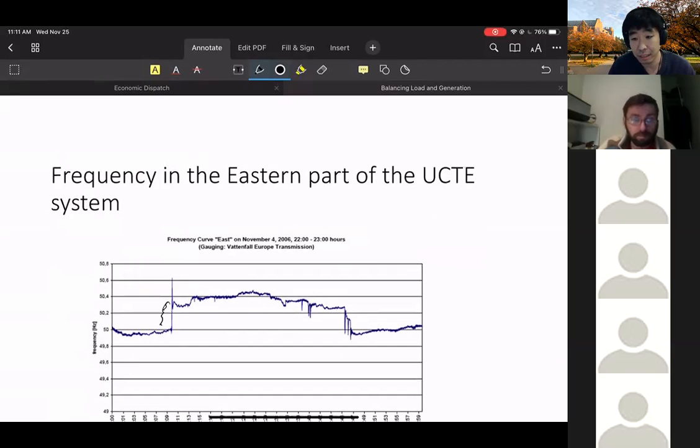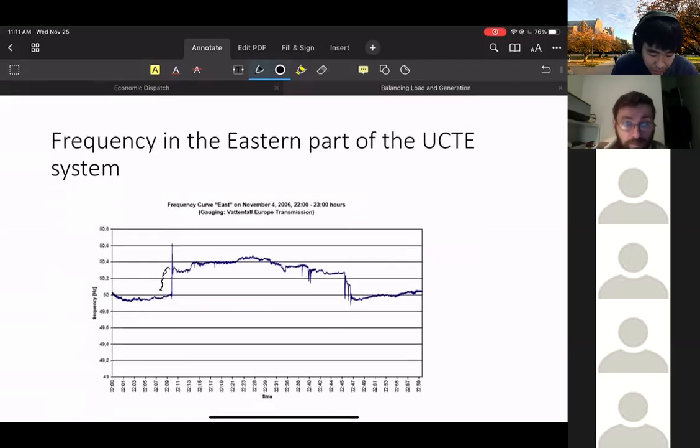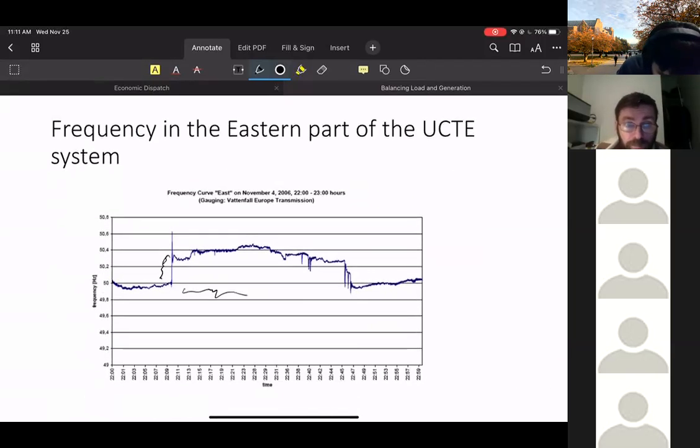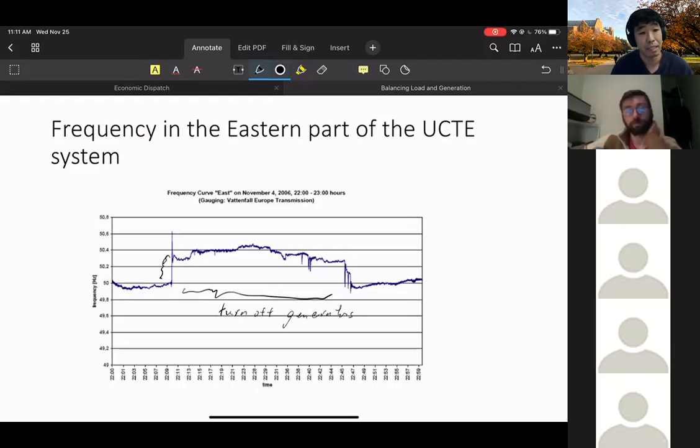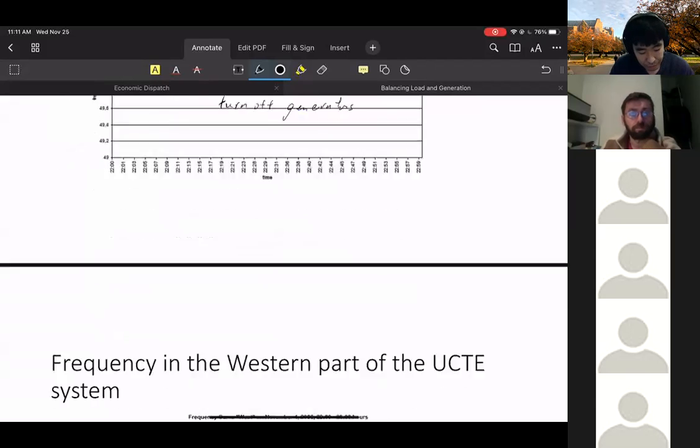The way to handle this is you turn off generators, so eventually it recovers to 50 hertz. But the customers in Eastern Europe did not notice this, because if you trip a big generator offline, you're still serving all the load. So the Eastern Europe part was okay. People didn't really notice this.